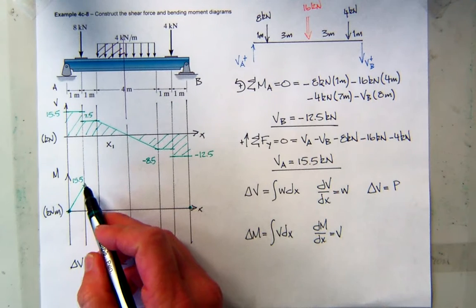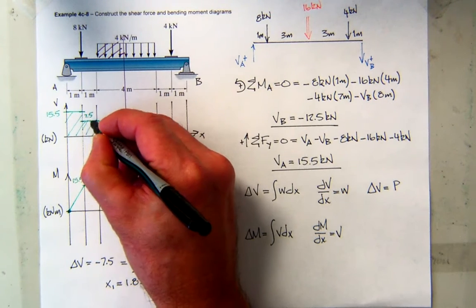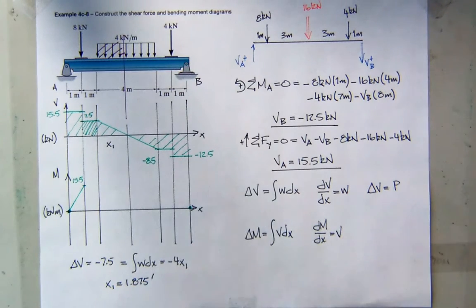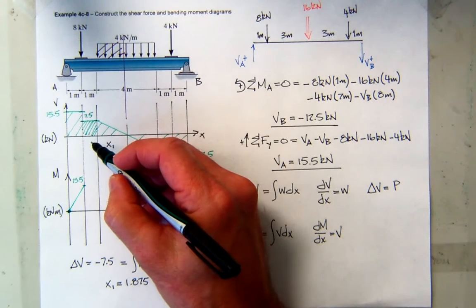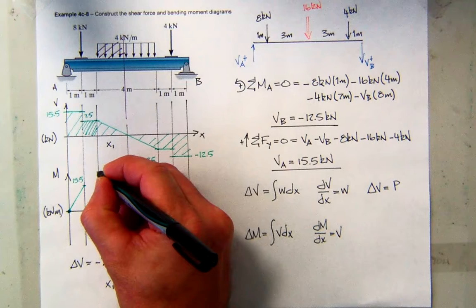The change in moment over the next meter is this area under the little curve. I'll hatch that a little bit more. What's that area? It's base of 1, height of 7.5, so add 7.5. So 15.5 plus 7.5 is 23.